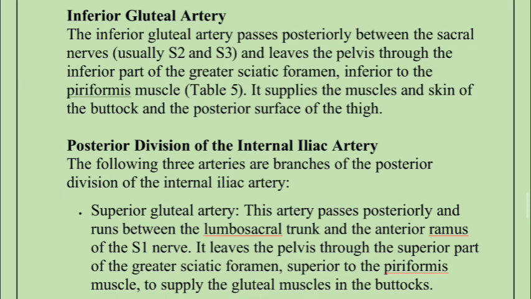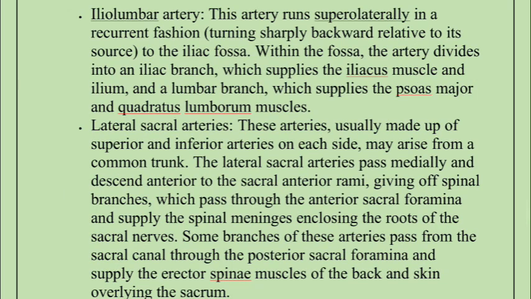Next artery that you have from the posterior division of the internal iliac artery is the iliolumbar artery. The iliolumbar artery runs superolaterally in a recurrent manner. That's, it turns sharply backwards. When an artery or nerve turns sharply backward, we say it's recurrent.